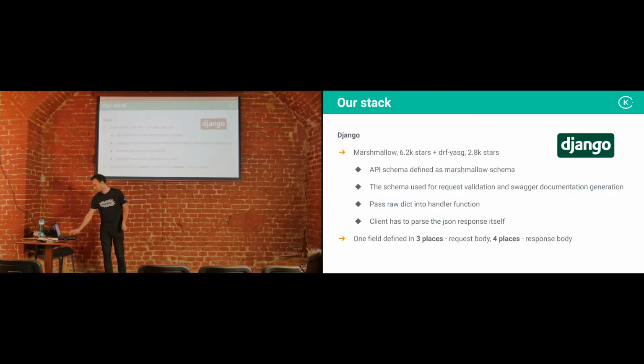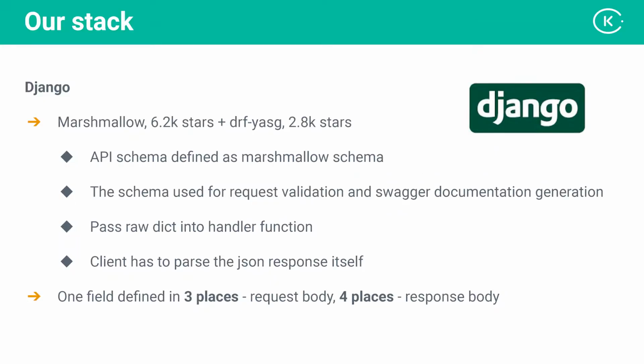So maybe one may think about how it will be with Django. We also had a service with Django, and we used the Marshmallow library, which is also popular, and the DRF YASG library for connecting it with Django. In this case, the schema is defined as a Marshmallow schema, and it provides the validation and also the documentation.